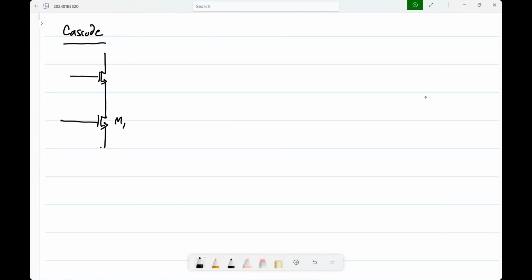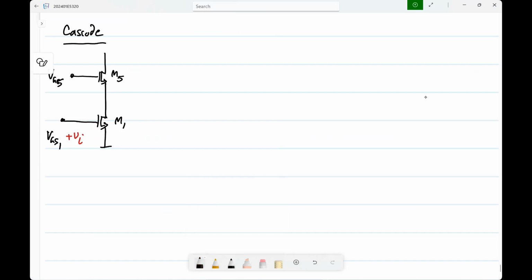I'll call this M1 and M5, but of course it applies to any other combination as well. So the idea is that this is biased at some VGS1, and the incremental signal is applied over there, and this is biased at some VG5, which is a fixed voltage. Okay, so the gate is grounded.